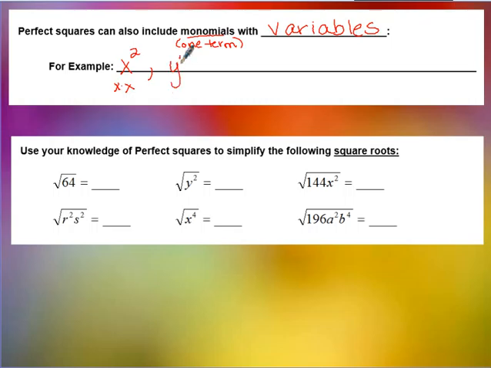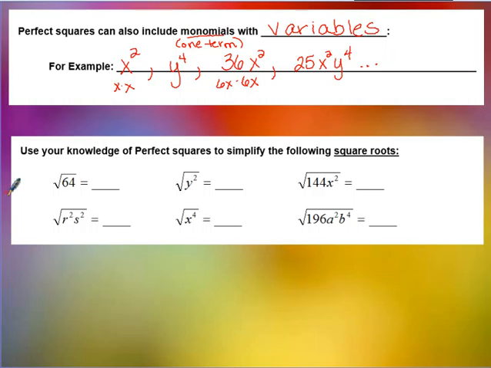Or y to the fourth, because y squared times y squared would give me y to the fourth. Or 36x squared. This would be 6x times 6x gives us 36x squared. I could also have 25x squared y to the fourth, and so on.